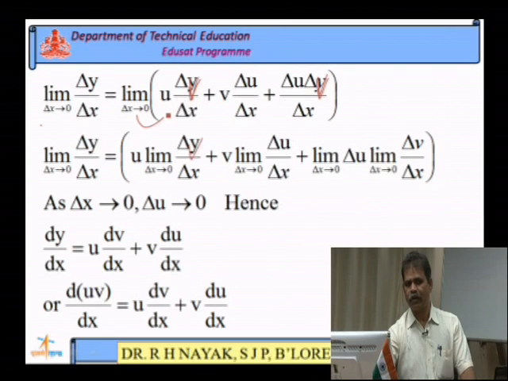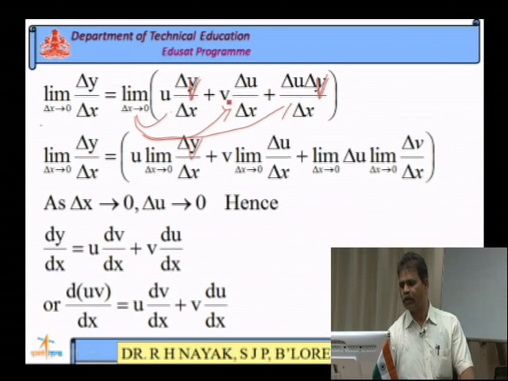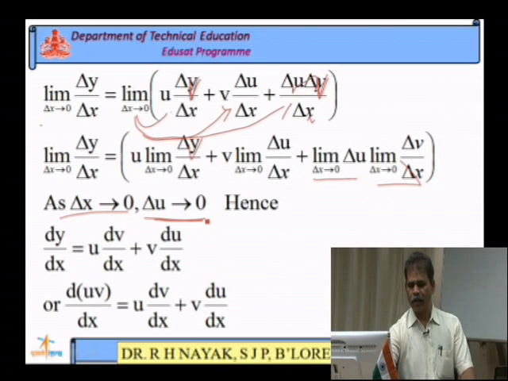The limit is taken on every term; we have extended the limit to all the terms, that is, u into limit of delta x tends to 0, delta v by delta x, plus v into limit of delta x tends to 0, delta u by delta x, plus the limit of delta u taken outside. Otherwise you can take delta v outside, or you apply the limit for both delta u and delta v by delta x. Then as delta x tends to 0, delta u also tends to 0.